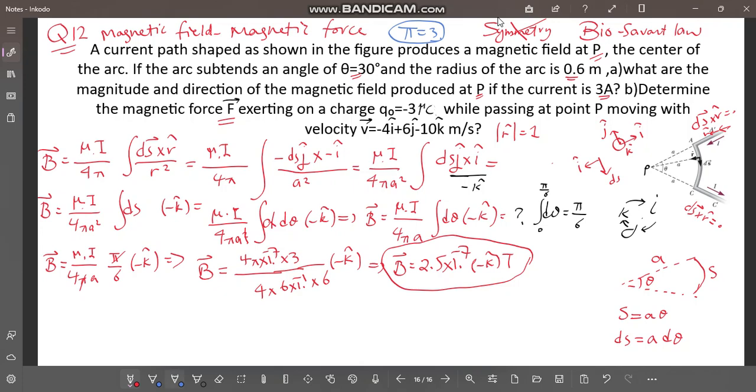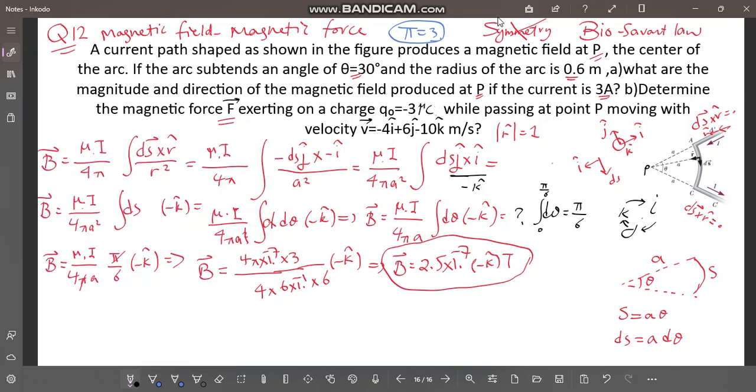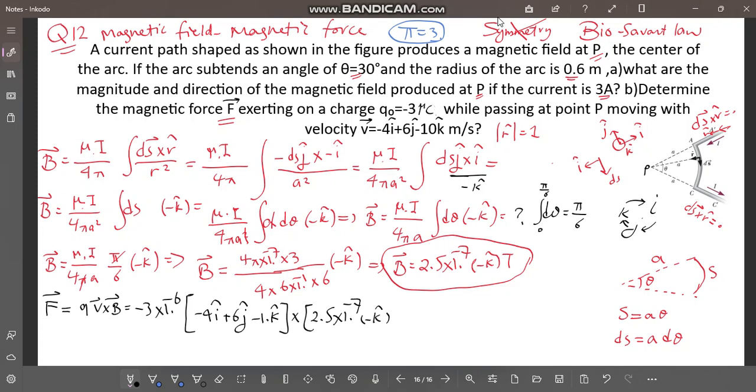Part B, we have to find the magnetic force. For finding magnetic force, we can say Q, v cross B. Q is minus 3 microcoulomb, v is minus 4 i hat plus 6 j hat minus 10 k hat, cross 2.5 times 10 to the power of minus 7 minus k hat Tesla.